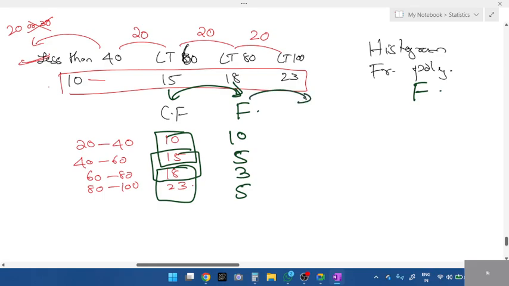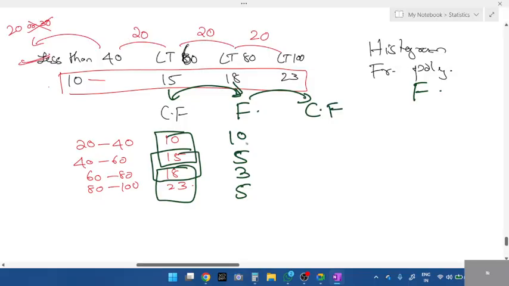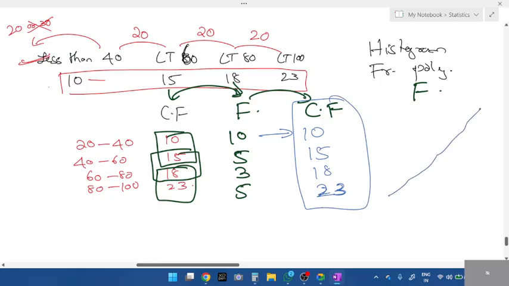Okay. Then from frequency to cumulative frequency, students, once again, the values are increasing. So we need to add. Keep 10 as it is. Add 10 plus 5, 15. 15 plus 3, 18. 18 plus 5. This is the concept. Can you see, for cumulative frequency, the graph always keeps on increasing.